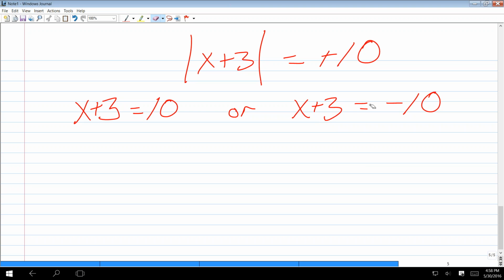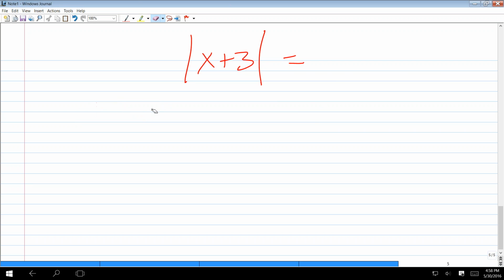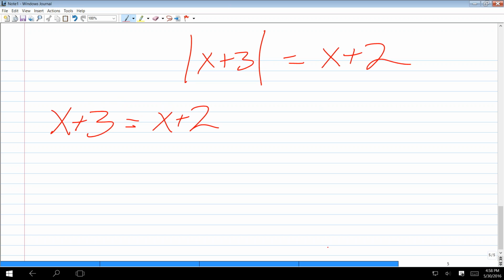What if on the right side of the original equation it's like x plus 2? Okay, x plus 2, we'll just do that. Well, now what I can say is that x plus 3 equals x plus 2. That's always the first start.